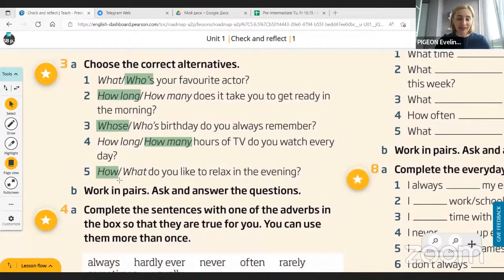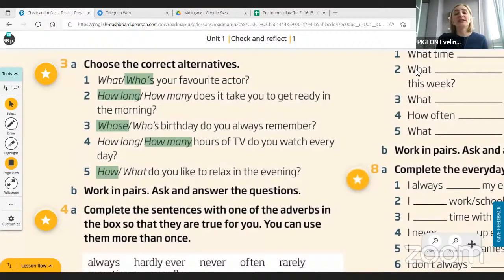My favorite actor is Khabensky. Okay, Larissa, and now you can ask, and yours? I don't have a favorite actor. How about actress? Have you got a favorite actress? No? Okay, fine. Larissa, number 2.